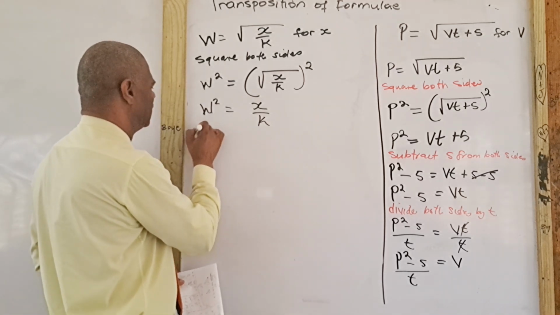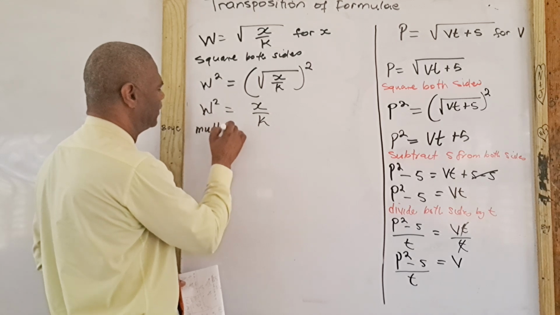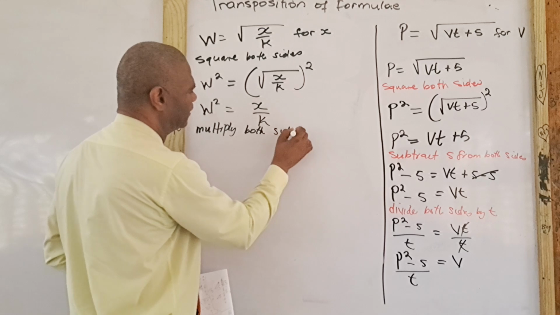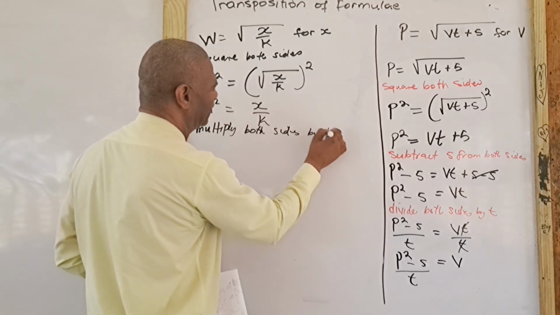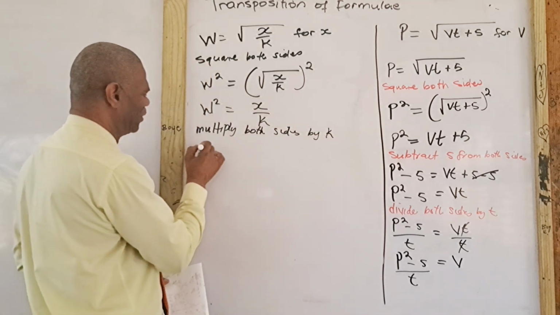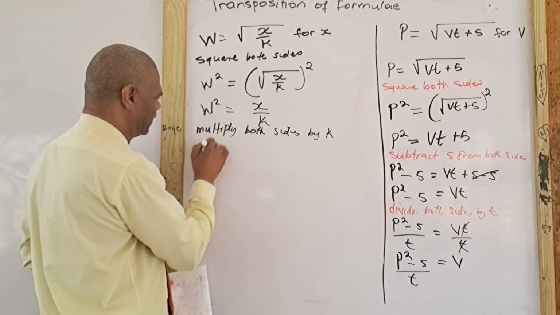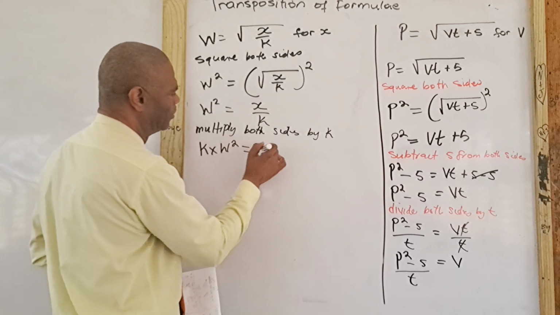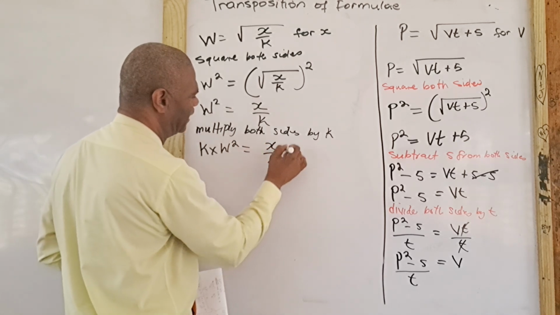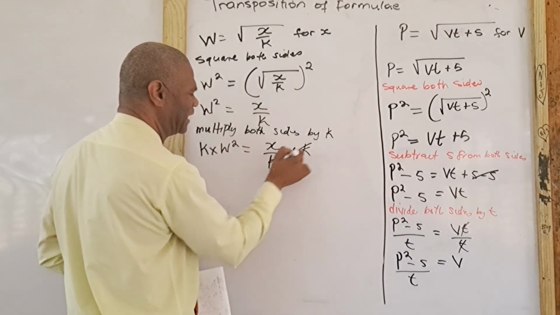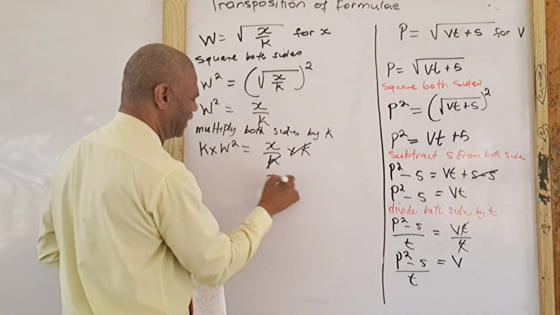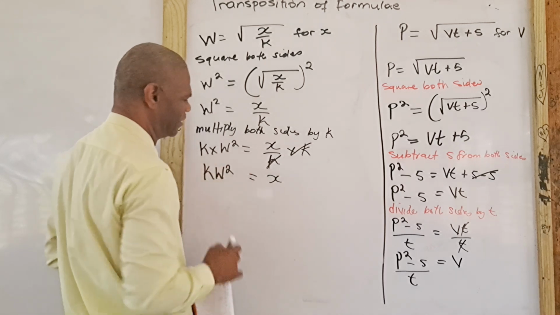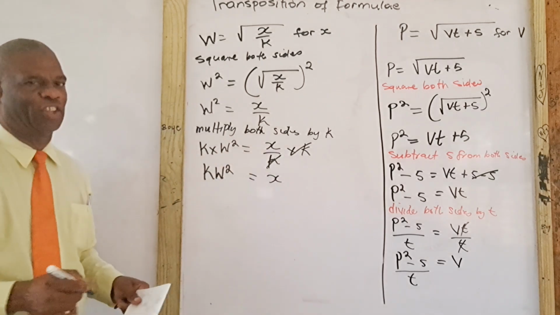So that will give us what? K times w squared equals x divided by k times k. The k's cancel. We have x equals kw squared. Alright? So x equals kw squared.